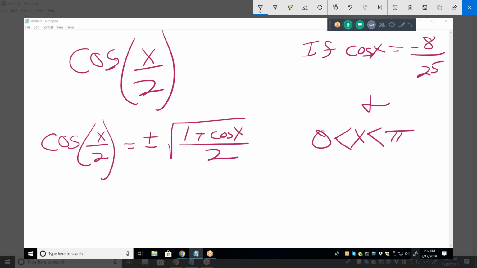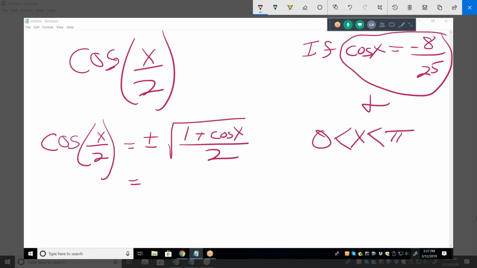Okay. Now, notice that we know what the cosine of x is. They've given it to us over here. And that's the only unknown in that thing. So we can figure out what the cosine of x over 2 is based on what we know about the cosine of x.